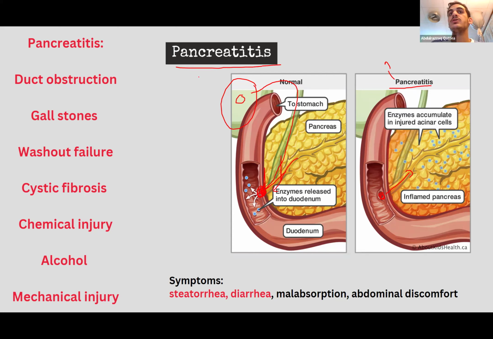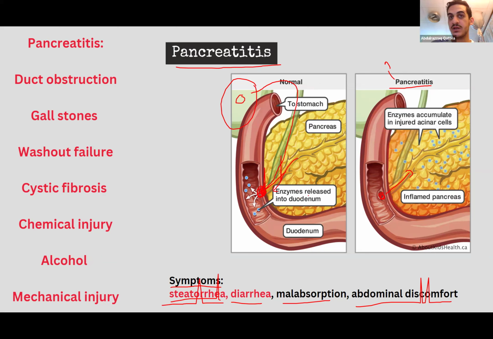So how can I know this person is having pancreatitis? Simply by seeing the symptoms. Pancreatitis patients will have 4 symptoms. The first ones are steatorrhea, diarrhea, malabsorption, and abdominal discomfort. So what does steatorrhea mean? Steatorrhea means there are lipids in the feces.